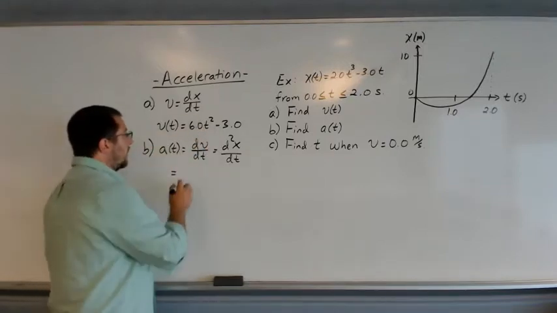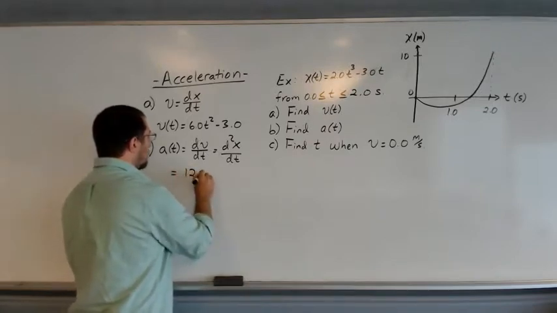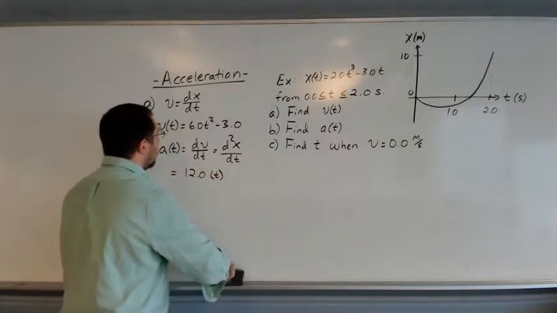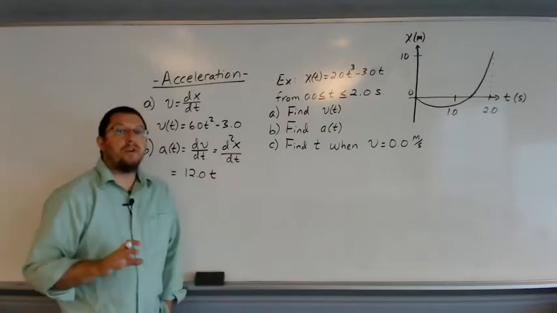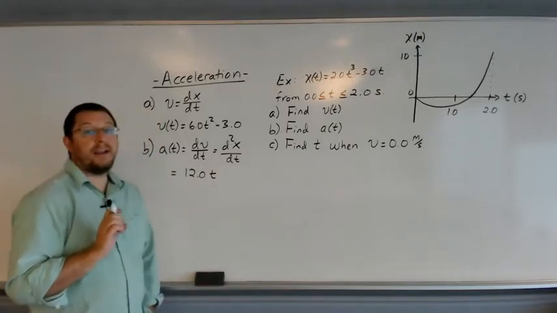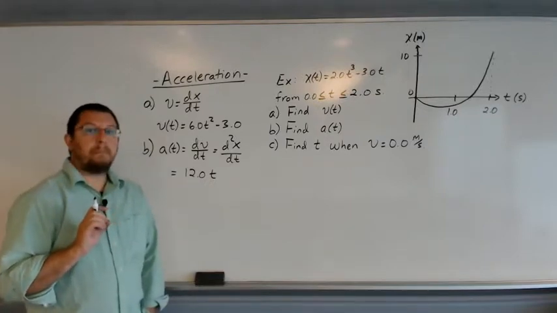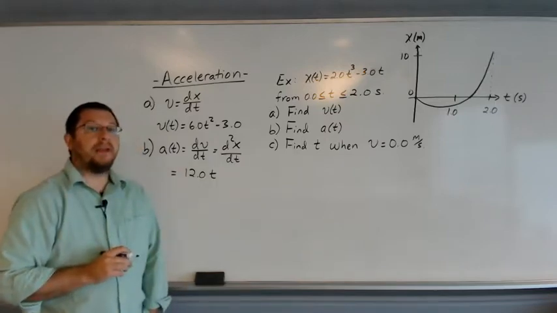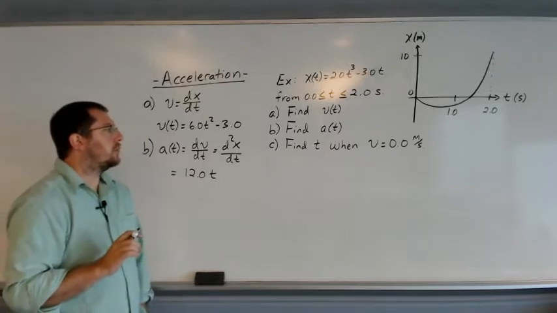So if I take the derivative of my velocity function, I'm going to get 12.0t. We don't need parentheses here, 12.0t. So at any point in time, I can find the acceleration at any point in time, and we may do that here in just a moment.